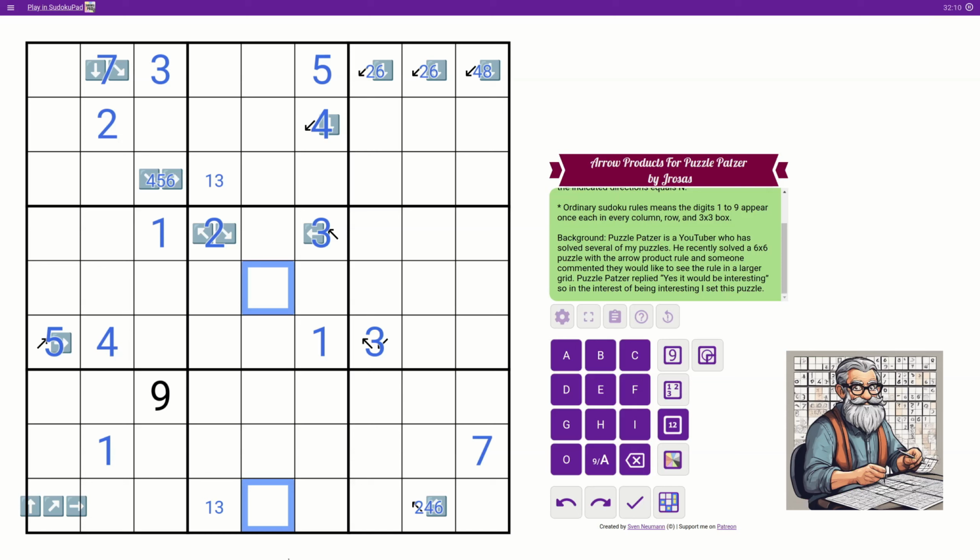Okay, I'm going to pencil mark. 5 doesn't work because of that 3 here. 6 and 1 seems to be okay as well, I think.